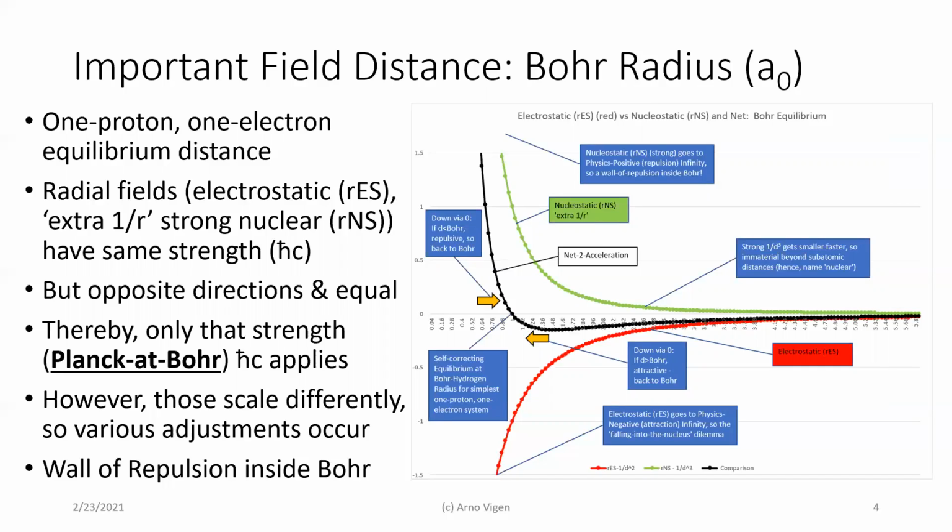Now, normally, an extra 1 over r decreases exponentially faster. So at any distance, say 10 times the Bohr radius, the strength of nucleostatic is 1 over distance cubed, so 1/1000th of the Planck hc.